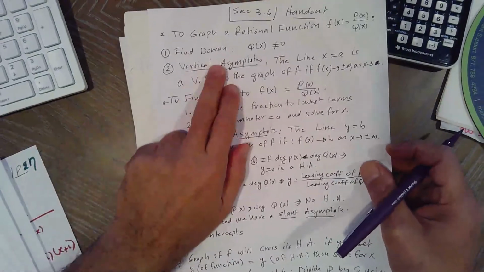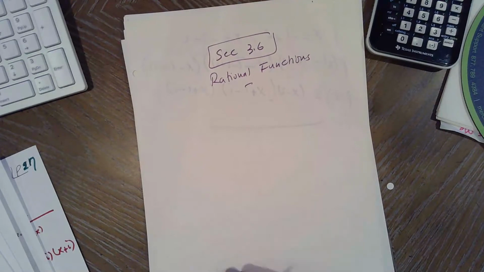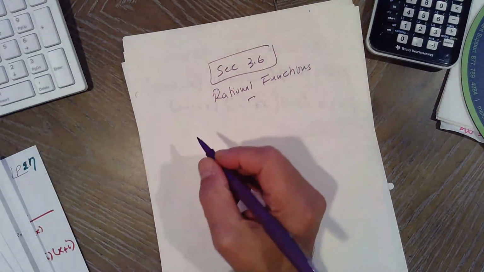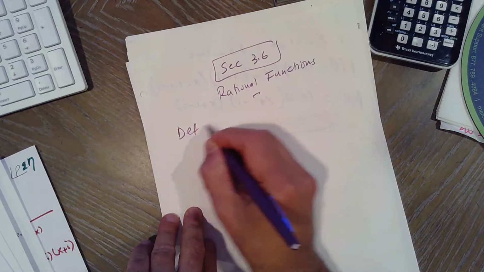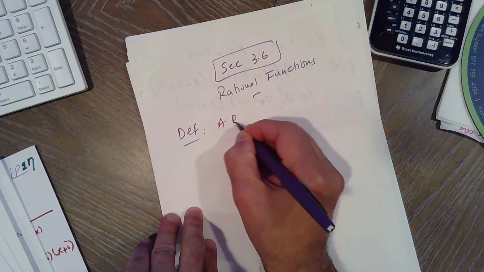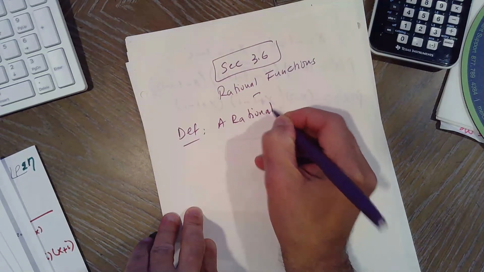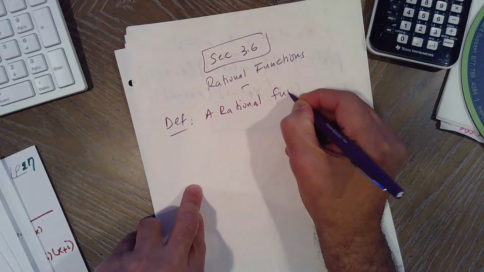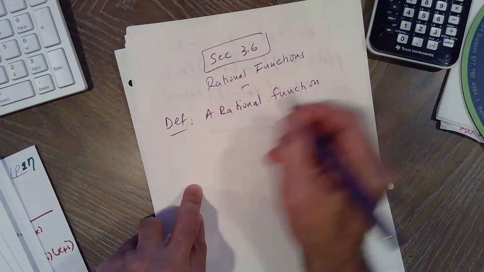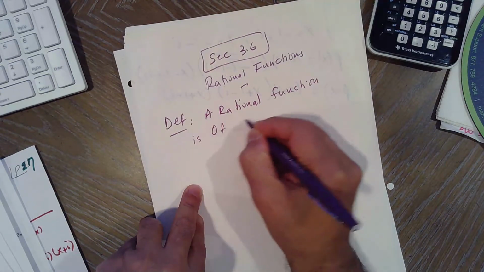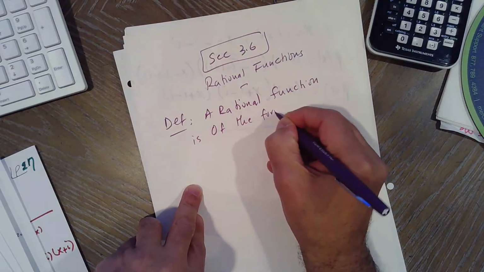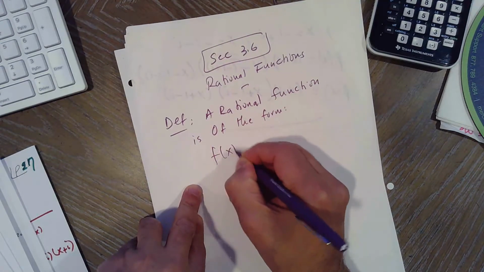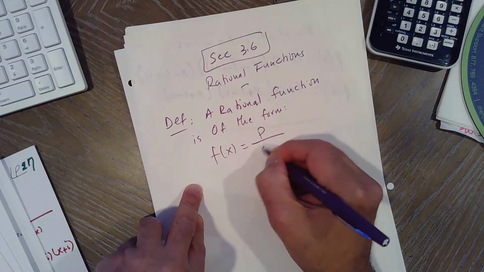The first step is to find the domain. But before we do that, let me remind you what a rational function is. A rational function, from the word ratio, which is a fraction, is of the form f of x equals p of x over q of x.